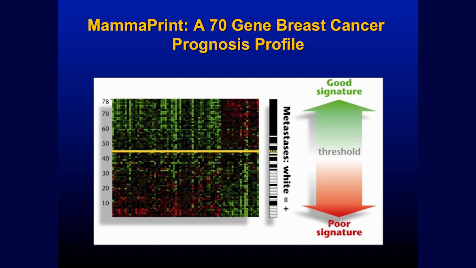Mammaprint is a 70 gene assay obtained from an unsupervised analysis of 25,000 genes. Using a clinical trial where patients did not get any adjuvant therapy, they were able to identify patients who had distant metastatic disease up to year 20, and those who did not develop distant metastatic disease, and they identified the top 70 genes that were able to classify those patients into those who got metastasis, denoted by the white bars, versus those who did not, denoted by the black bars.